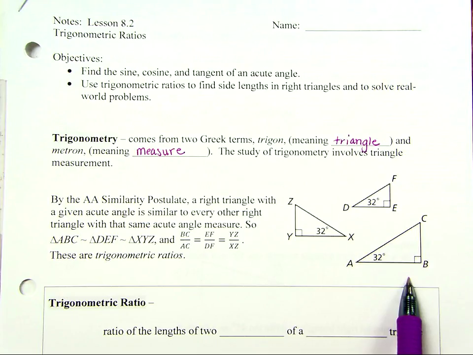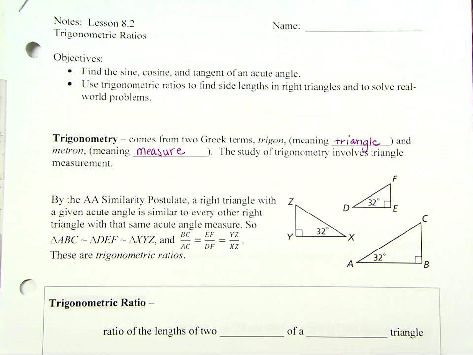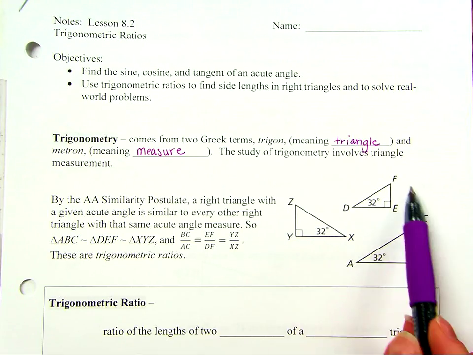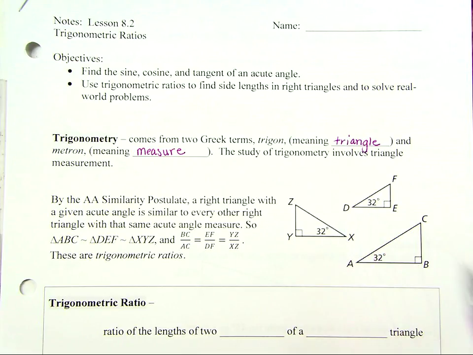Now, if I were to compare the short side to the hypotenuse in each triangle, because those triangles are similar, all of those comparisons, all of those ratios, would be equal. Agreed? Well, that's kind of what we're going to talk about today.